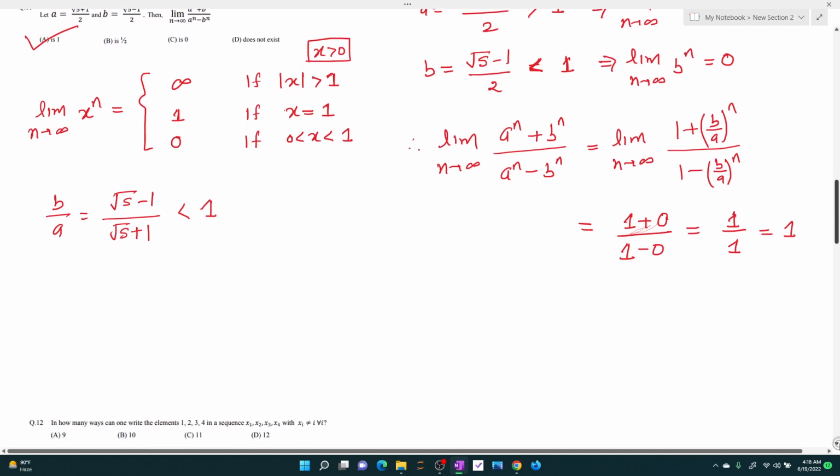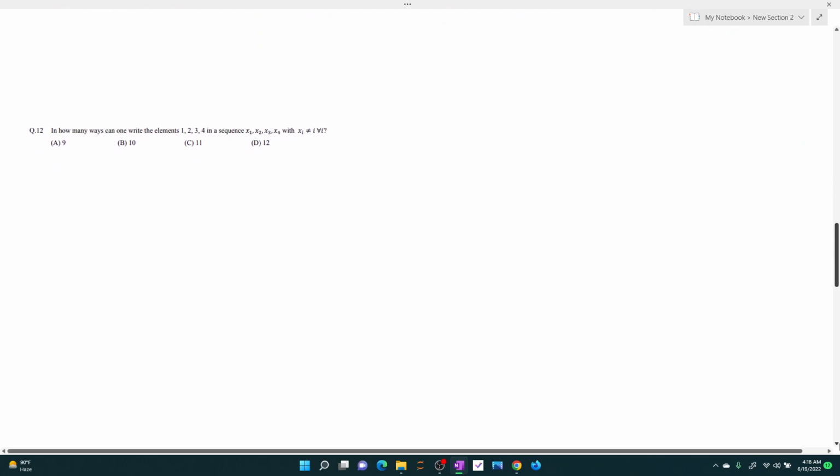Okay, let's move to the next one. In how many ways can we write the elements 1, 2, 3, 4 in a sequence x1, x2, x3, x4 such that xi is not equal to i? Right? So the point here is, suppose we have 4 seats numbered 1, 2, 3 and 4.